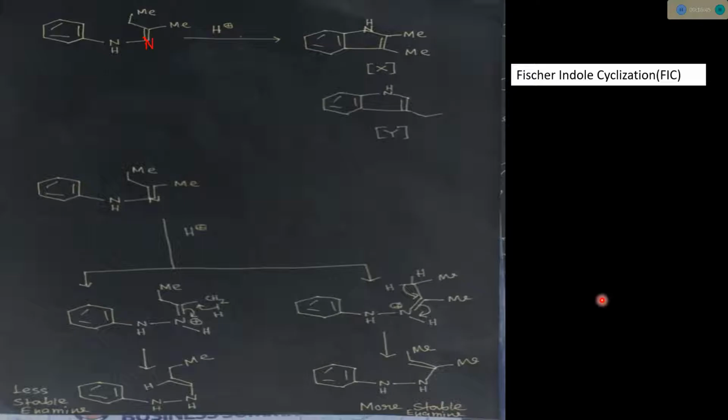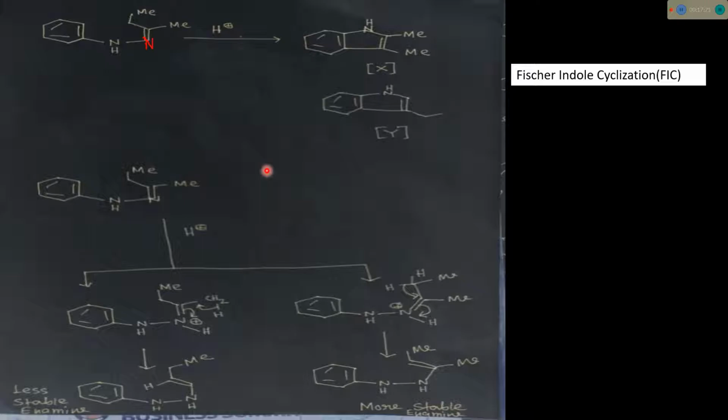It has no time to select the path: if we proceed by this path, we get a stable intermediate; if we proceed via this path, we get a less stable intermediate. There is no time for H3PO4 to select a particular path, because it is more reactive. Its selectivity is very less.